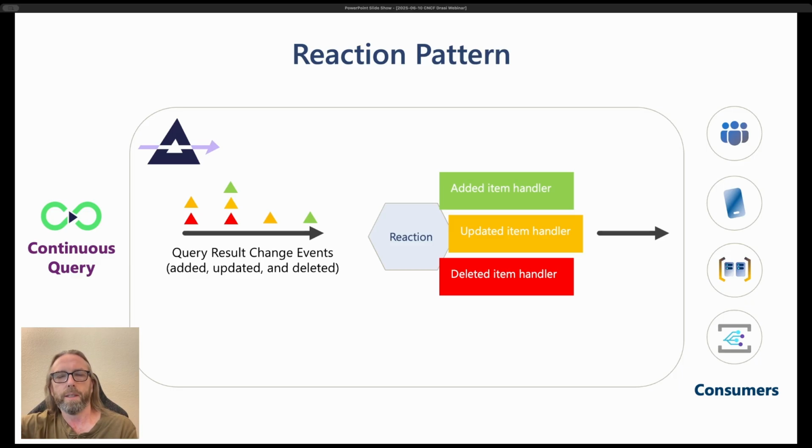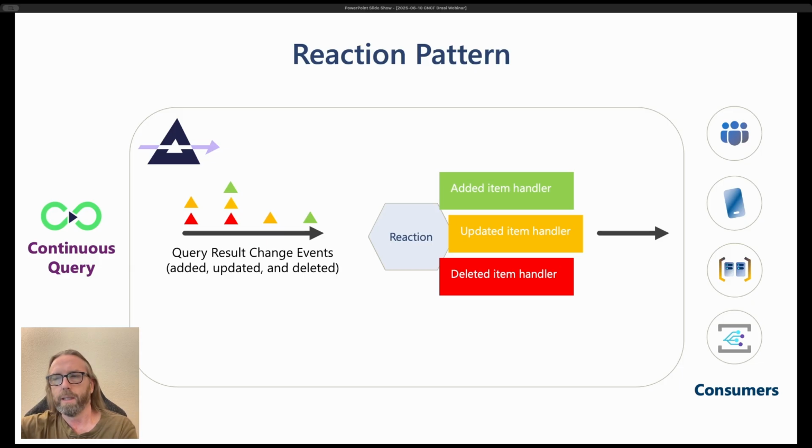And so, for example, in this employee use case that we're talking about, the add item handler is this employee's been added to this set. Therefore, I'm going to send an email to that person, or a text. I'm going to send a message to the employee, to the manager, and to HR saying, hey, we've got a new employee at risk.